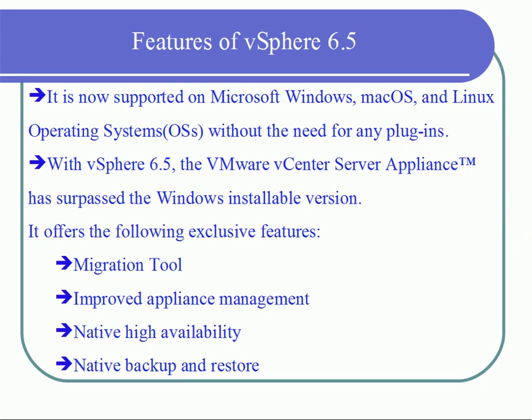but now this virtual appliance has been improved a lot, and the 6.5 version of the vSphere virtual appliance doesn't have fewer features compared to the Windows version, and this includes the migration tool and improved appliance management and also native high availability.